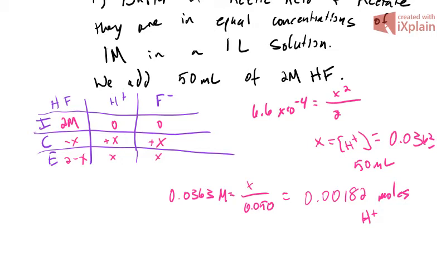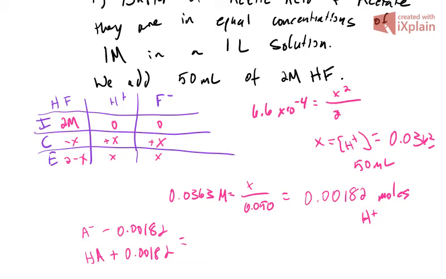When we add that, we then need to subtract and add to our concentrations of A minus and HA. So A minus is going to subtract 0.00182, and HA concentration is going to add 0.00182.